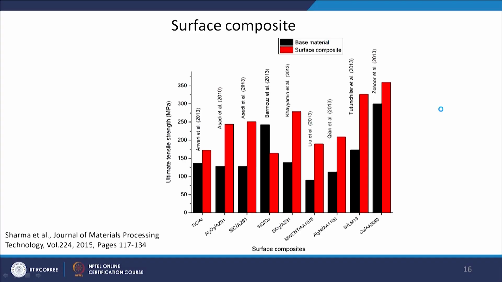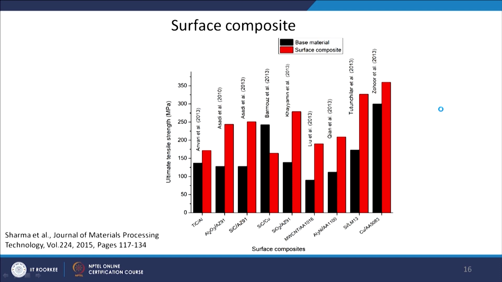If the material is going to be used in some condition where wear resistance is required, the surface will get hard, so it will provide the required wear resistance, whereas the core will give you the sufficient structural strength.